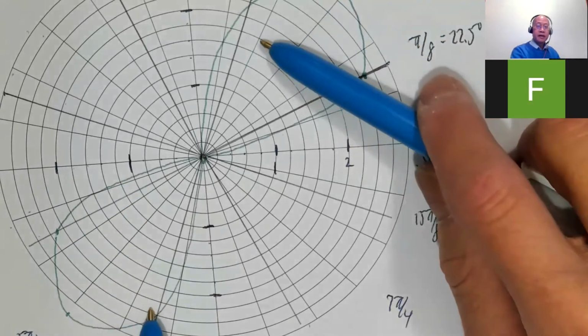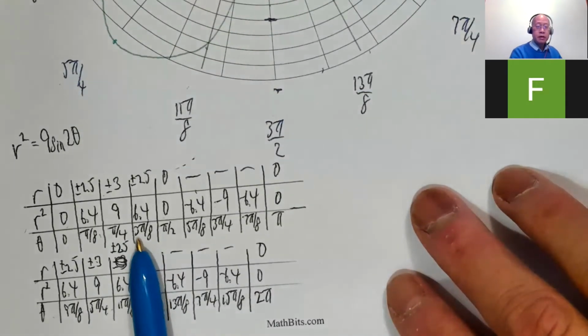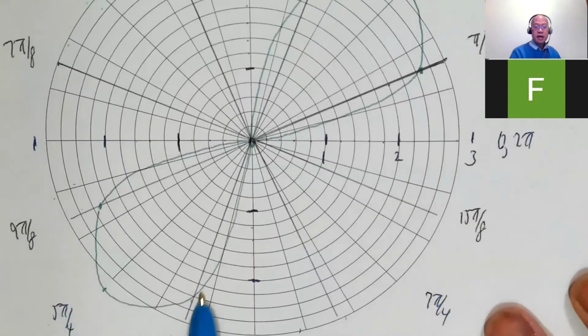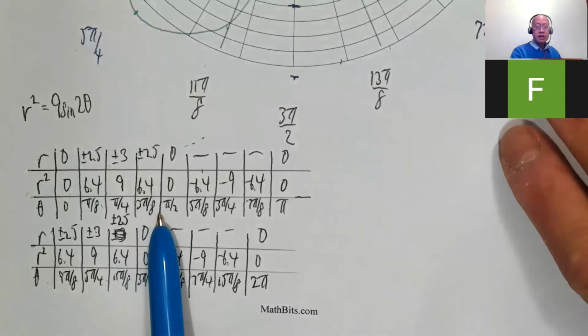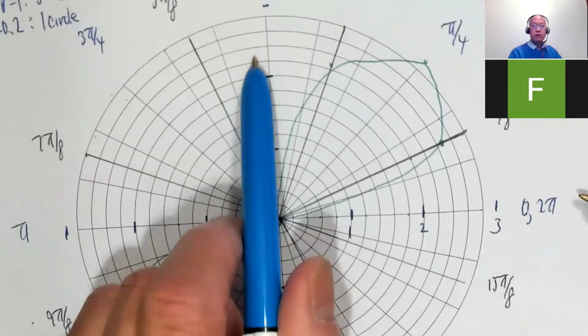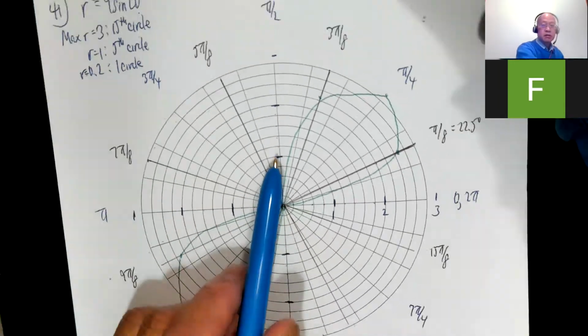And then it's going to keep going like that and come back into the pole because 3 pi over 8, plus or minus 2.5. So 3 pi over 8, here's 2.5, here's negative 2.5. And then by the time it reaches pi over 2, 90 degrees, comes back into the pole. Right here, just a little bit smaller.